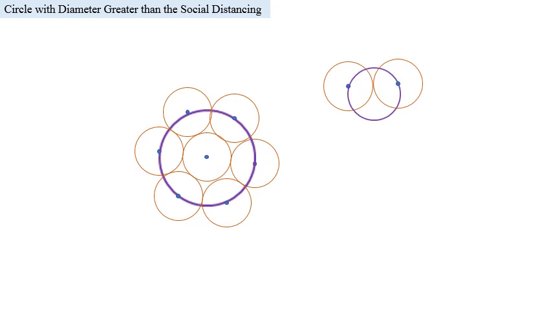The third possibility is the interesting one, and we deepen a bit more. If the diameter of this circle is greater than the social distancing d, then one has to be realistic. It depends on how much the diameter is greater.